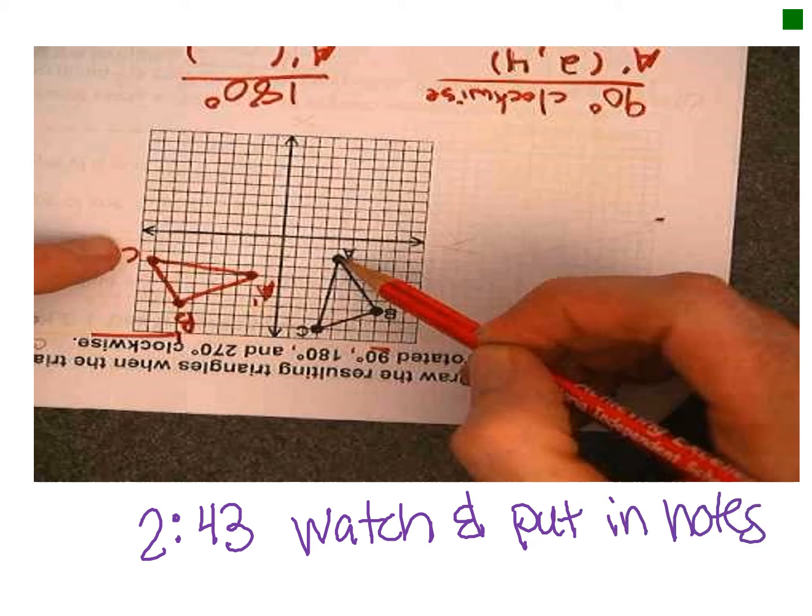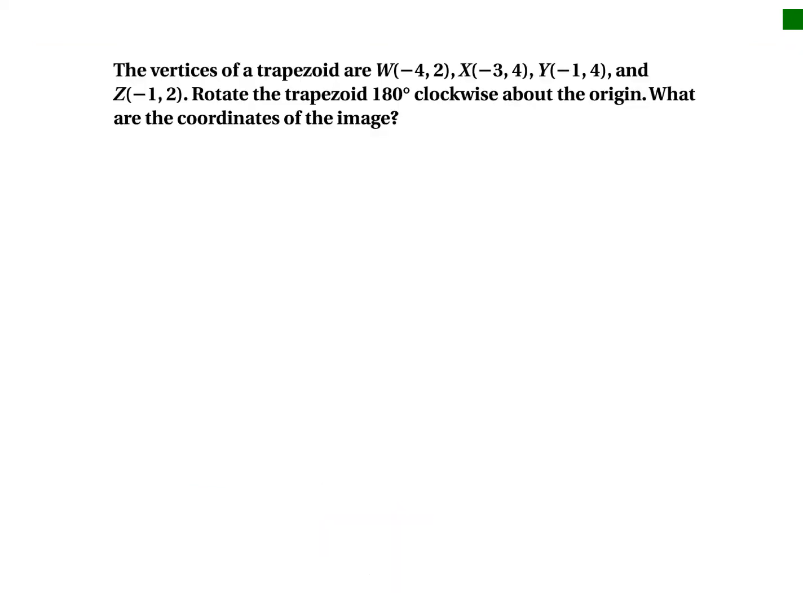I think this is example number 5 that I want to see in your notes. This guy goes over what the rotation looks like in the coordinate plane and how you can find ordered pairs. Super important.